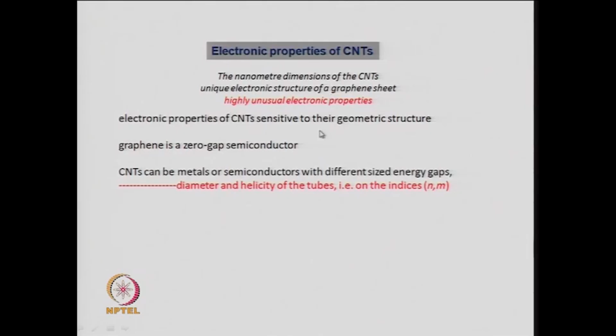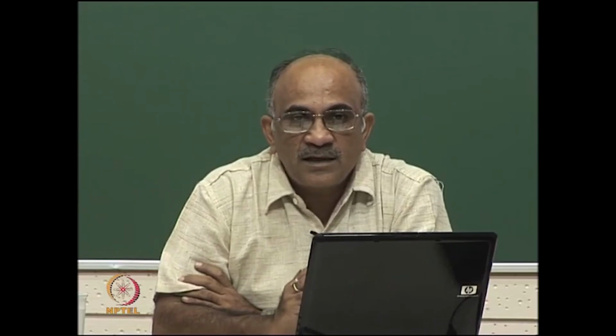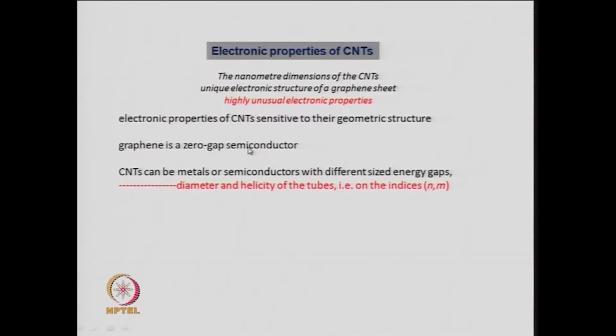The carbon nanotubes of course, will depend on their structure, and their structure depends on the chiral angle. So, the chiral angle and the coefficients of the vectors which we discussed, the n and m values, will be very important to determine the electronic properties of the carbon nanotubes. Now, we all know that graphene is a zero gap semiconductor, whereas carbon nanotubes can be metals or semiconductors, and they can be semiconductors with different energy gaps.